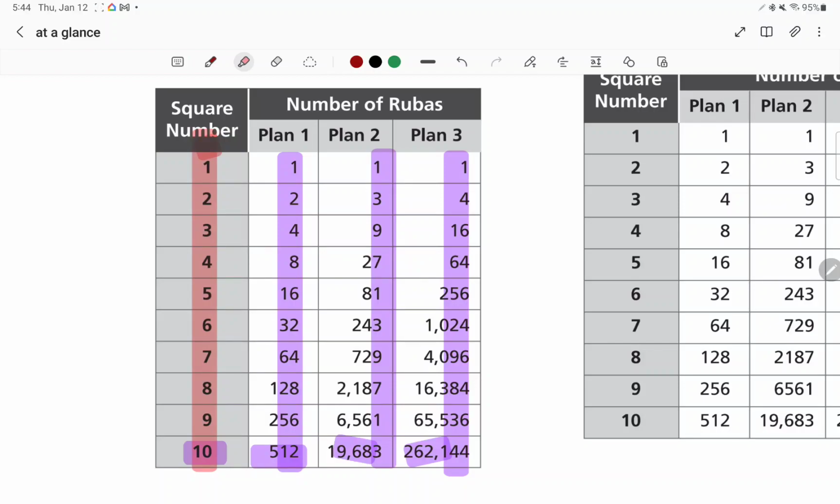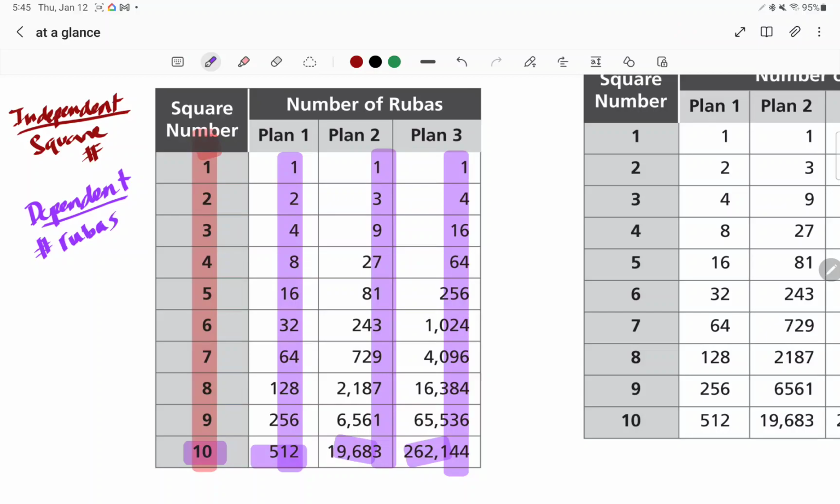In orange or red, whatever color that is, that is your independent variable, the number of the square you're on. And then your dependent variables are all of the numbers of rubas. What's highlighted in purple there, those are all of your dependent variables.